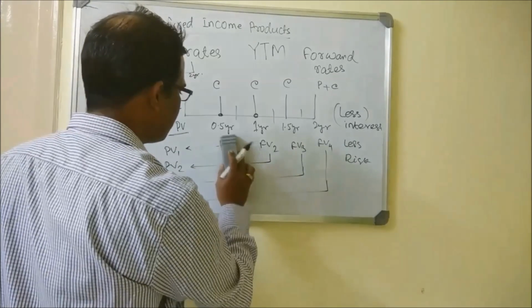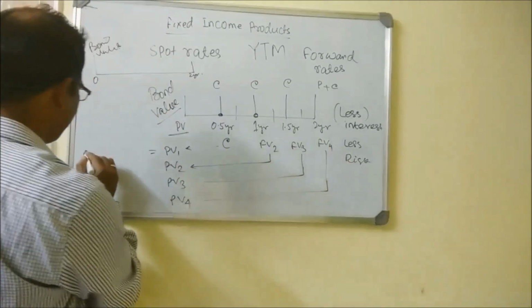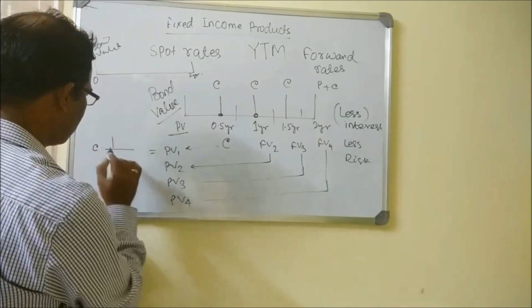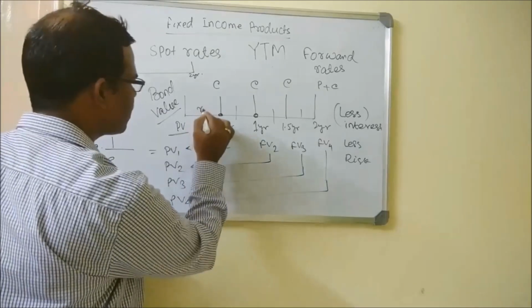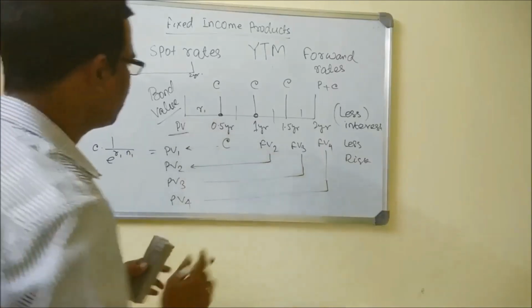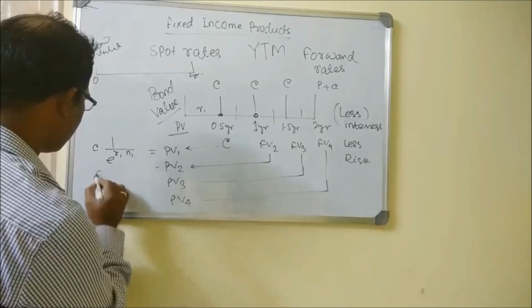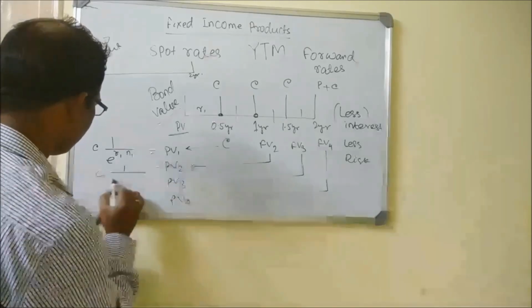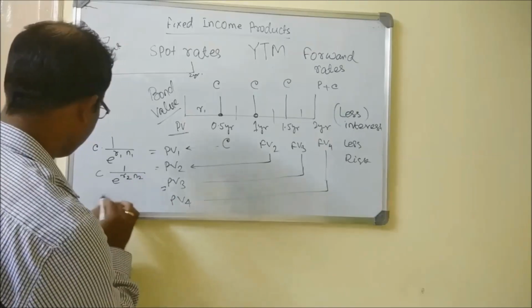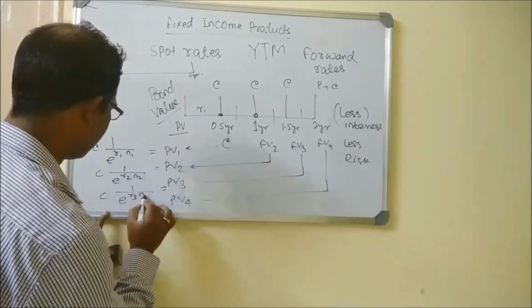So in this case let me replace. It's very easy. Now what is the PV? The formula will be: PV1 is C into 1 upon e to the power R1 N1, where R1 is the rate and N1 the time. Similarly, PV2 will be equal to C into 1 upon e to the power R2 N2. Similarly, PV3 is C into 1 upon e to the power R3 N3.